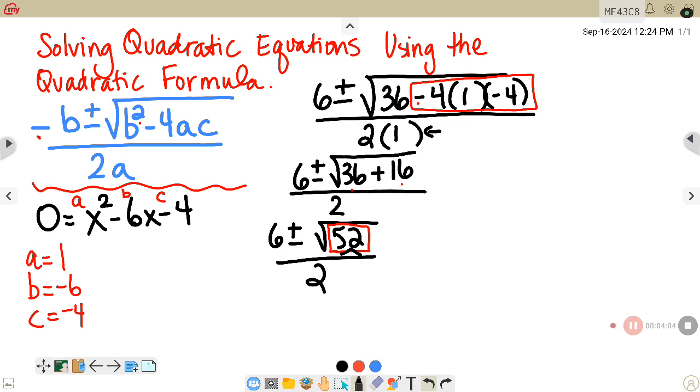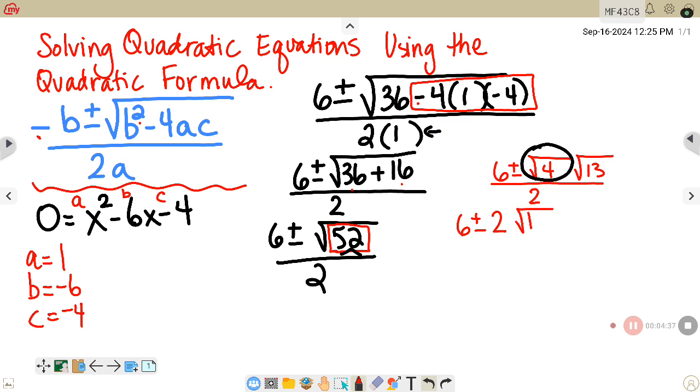Now I've got 6 plus or minus, and I'm going to break the 52 up to 4 times 13, because you'll notice that the square root of 4 I can simplify to plain old 2. Remember, your denominator is still the 2. So now let's rewrite that part. You have 6 plus or minus the square root of 4 is 2, square root of 13, over 2.